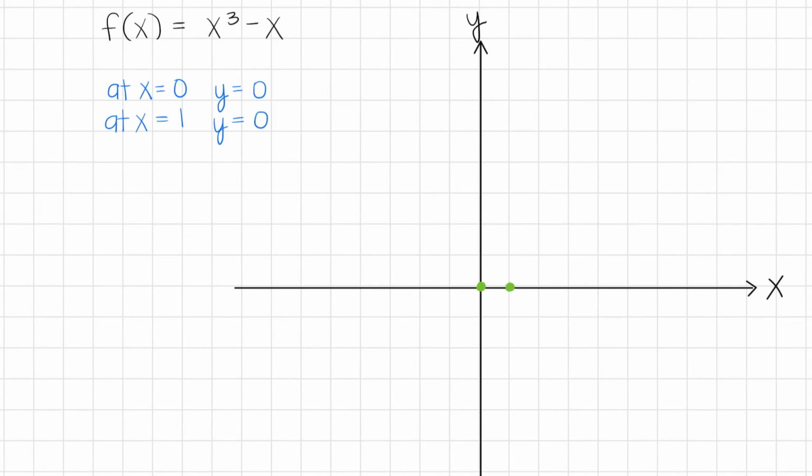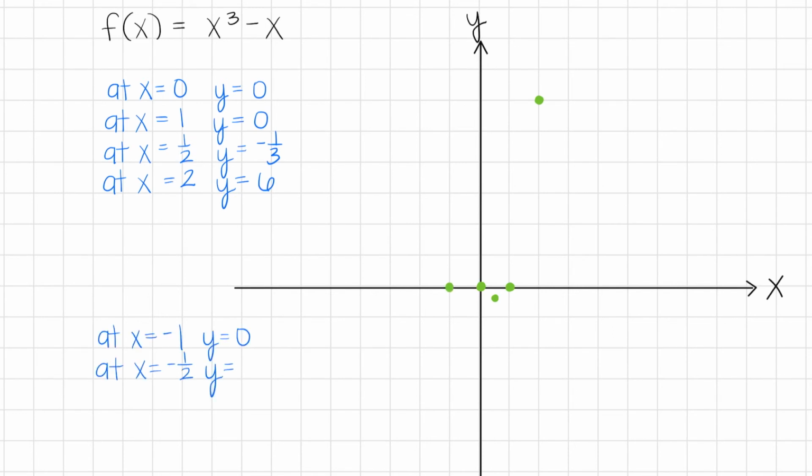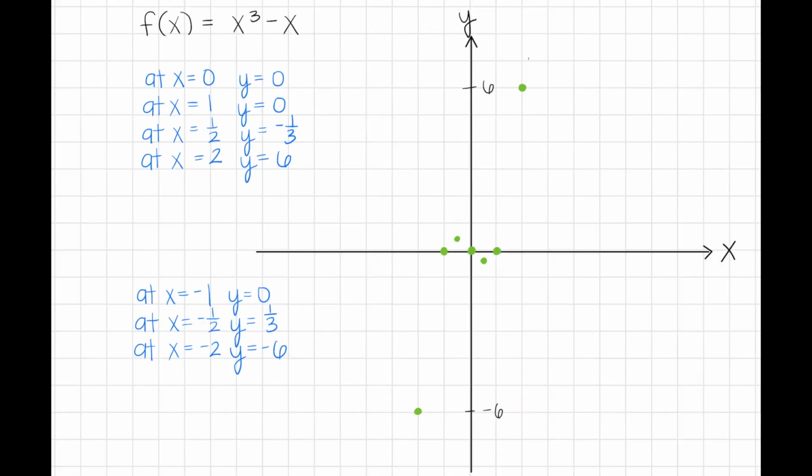And if we see what happens in between those 2 points at x equals 1/2, y equals negative 1/3. And at x equals 2, y equals 6. And I'm going to go ahead and do that also on the other side of y, so just the negative version of everything. So at x equals negative 1, at x equals negative 1/2, at x equals negative 2, and we can go ahead and draw this graph. So it looks something like that.